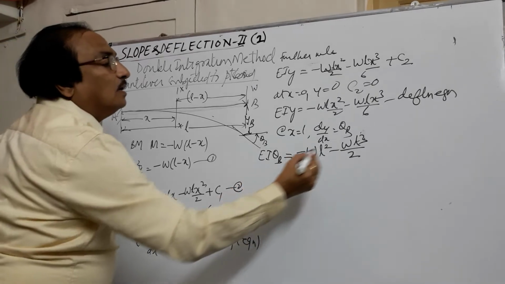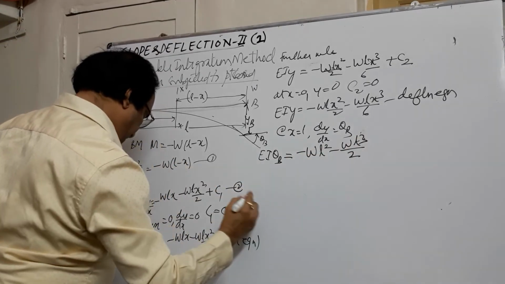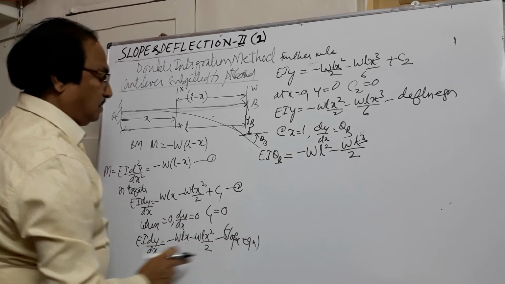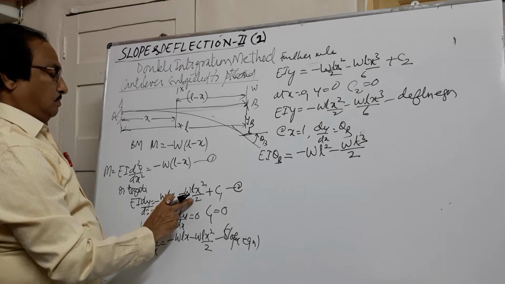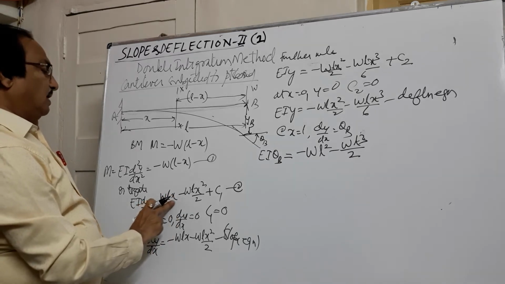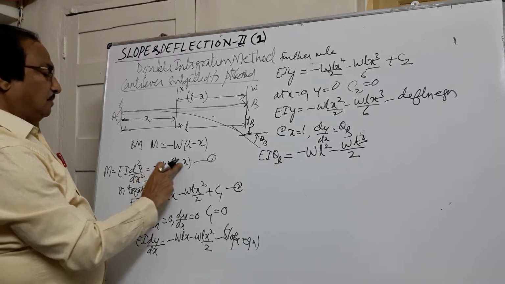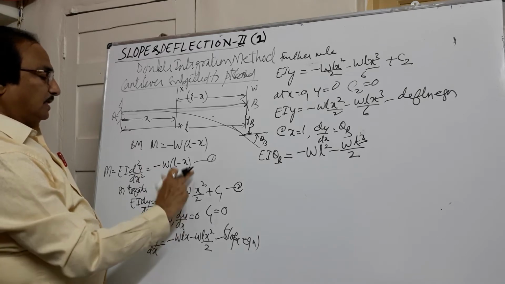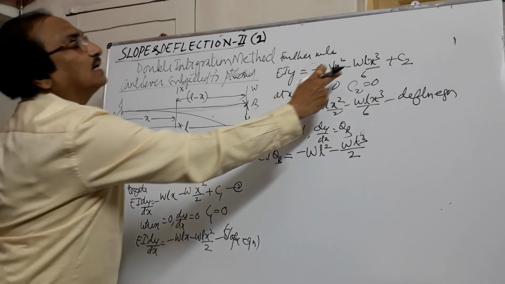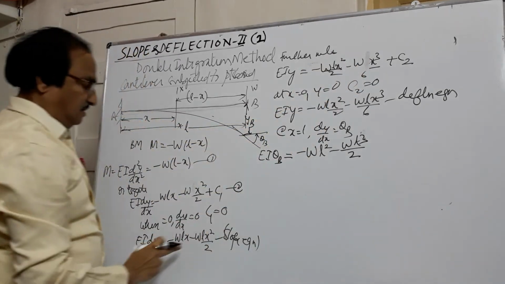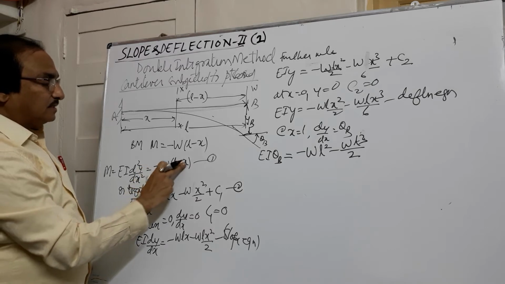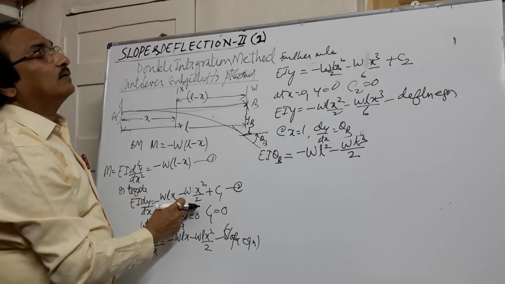Please see the correction here: L is not there, it is W into L x and W x square by 2, so that extra L part will not be there.